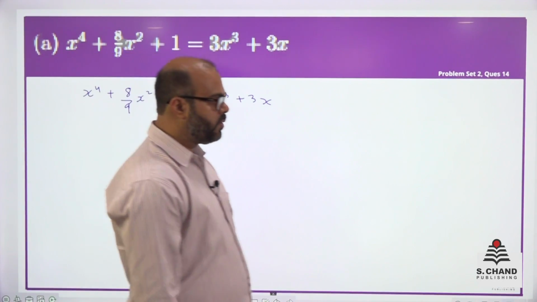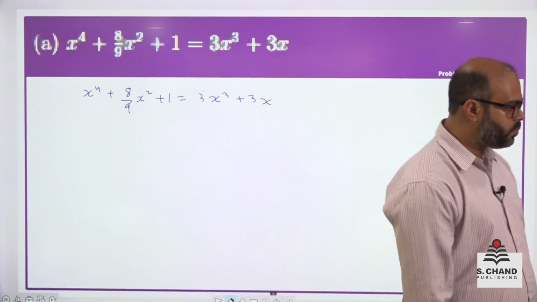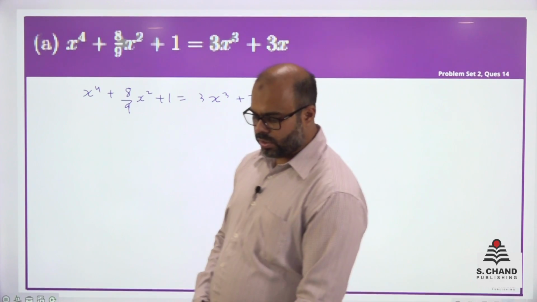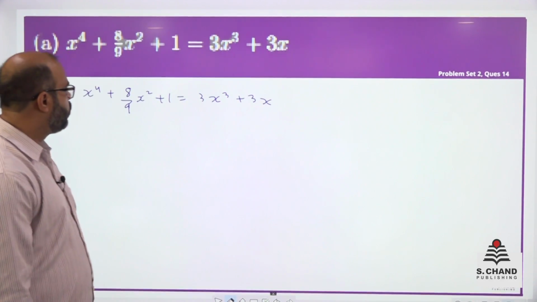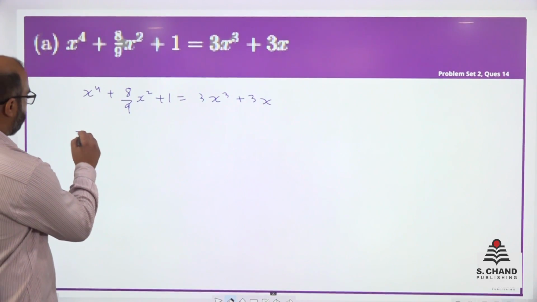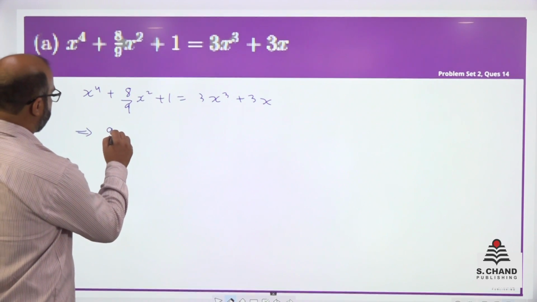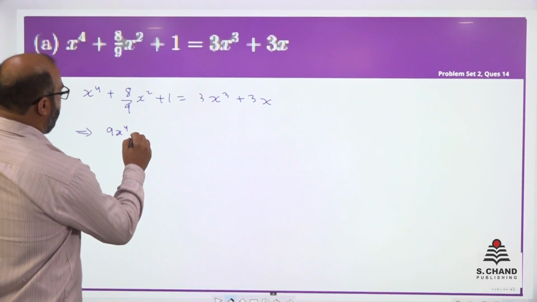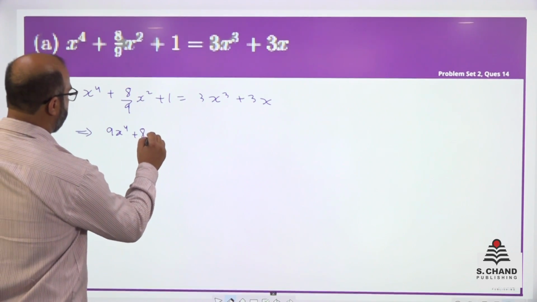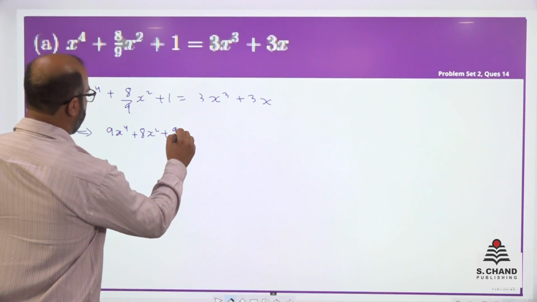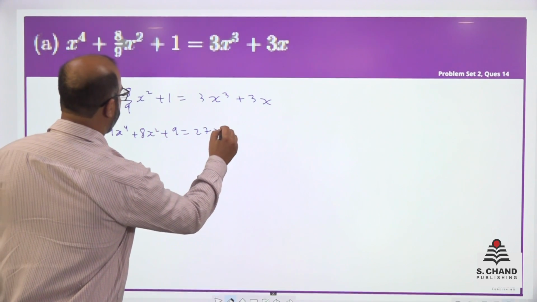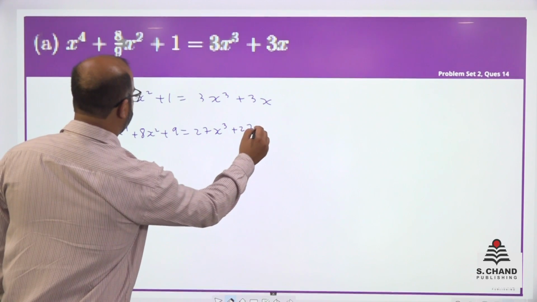So how can you solve this question now? If you want to solve this question, you will first take the LCM: 9x to the power 4 plus 8x square plus 9 is equal to 27x cube plus 27x.